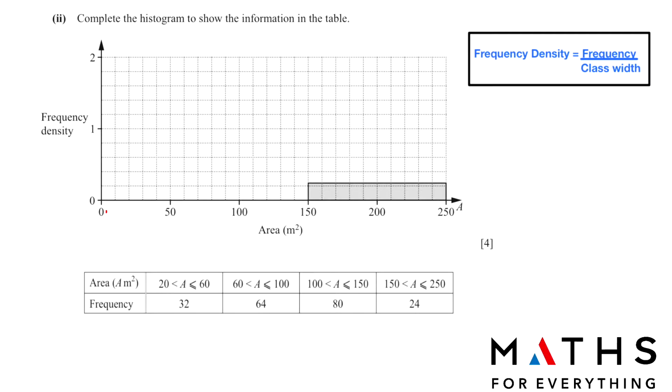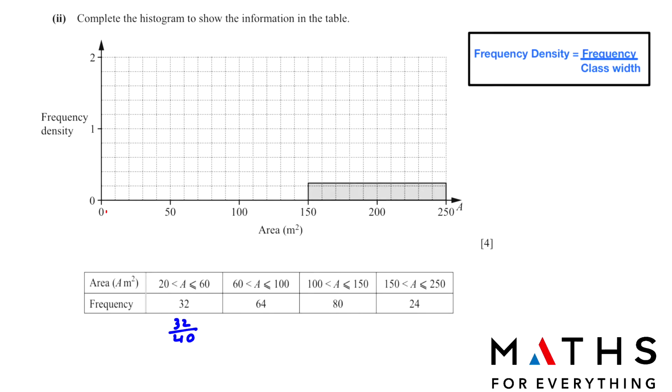We have to find the class width. To find the class width, we look at each column, the big value minus the small value. So for this column, our class width will be 60 minus 20, which is 40. And we divide 32 by 40.